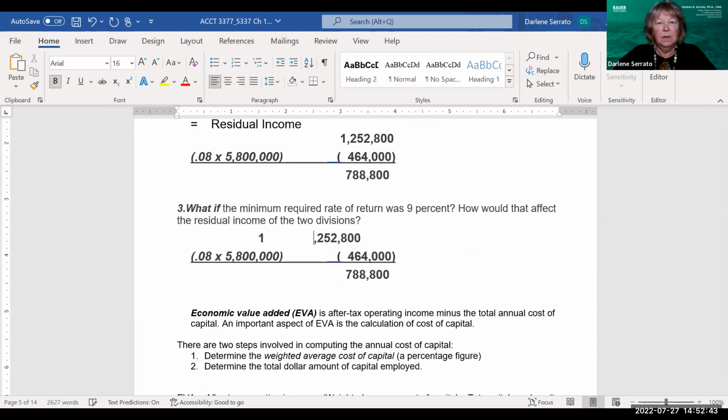Okay, so I'm doing just one of these. This is 0.09. Well, this is going to be 0.09 times 5,008,000, which is going to make this 522,000.